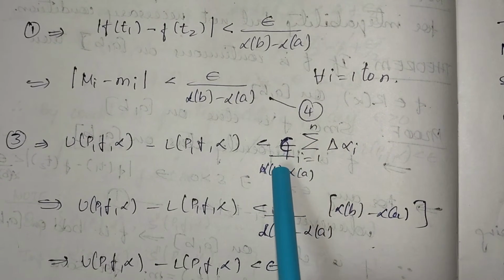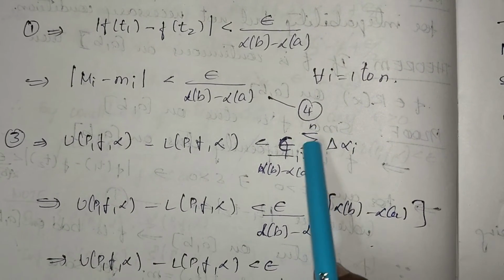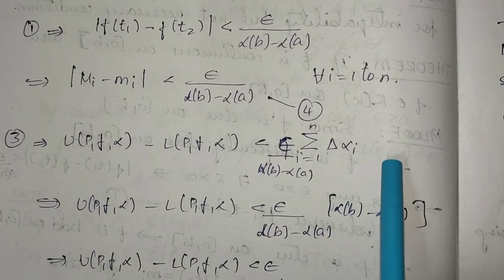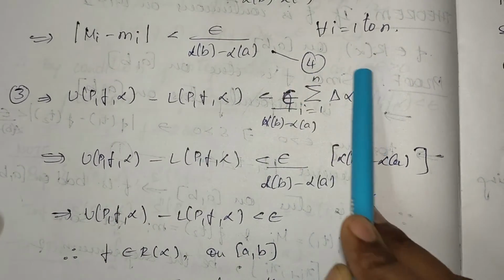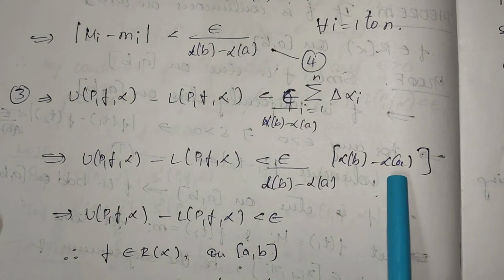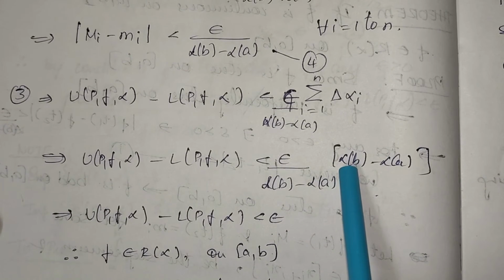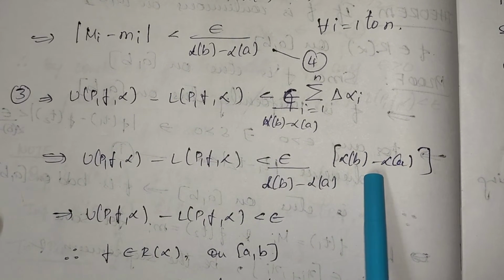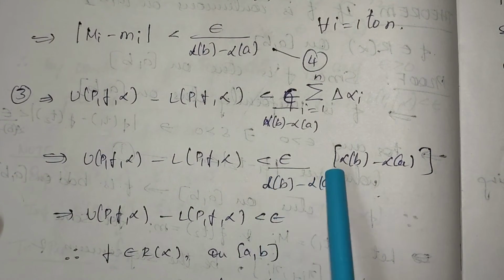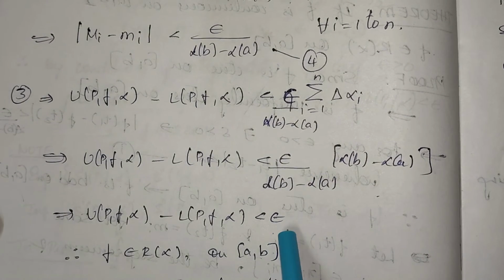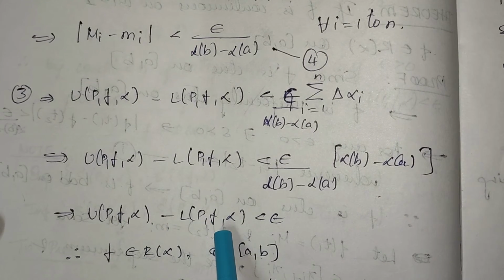So this has come out of the summation and you are left with the summation of delta alpha_i, which when expanded gives alpha(b) minus alpha(a). Now you can cancel alpha(b) minus alpha(a) here, and that is why we took epsilon by alpha(b) minus alpha(a) instead of only epsilon, so that at last you will get epsilon.